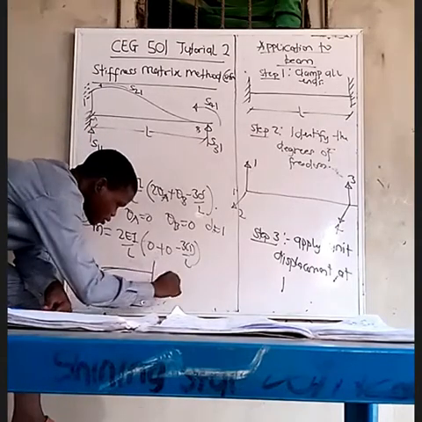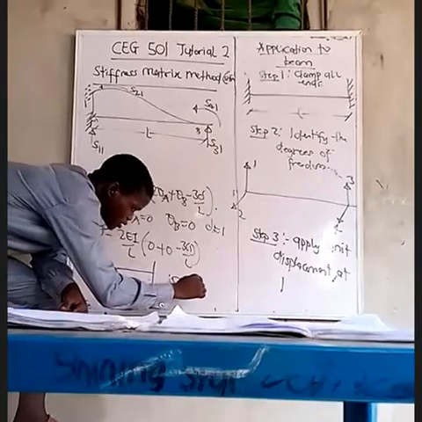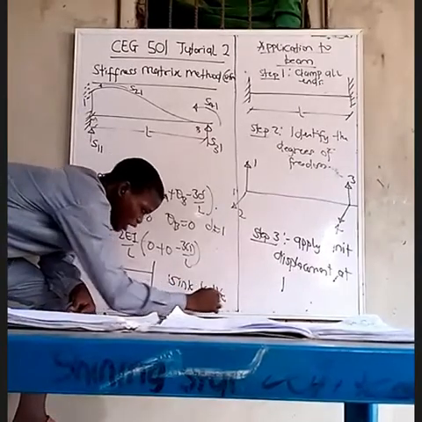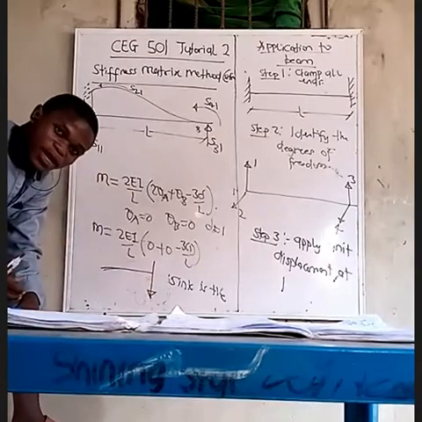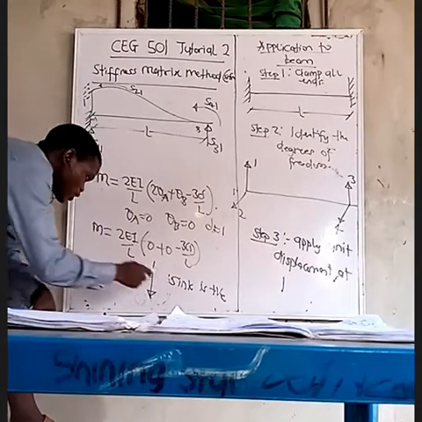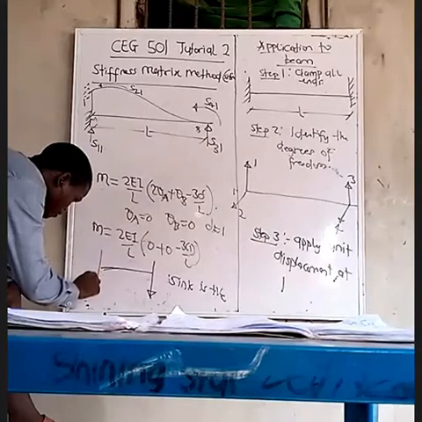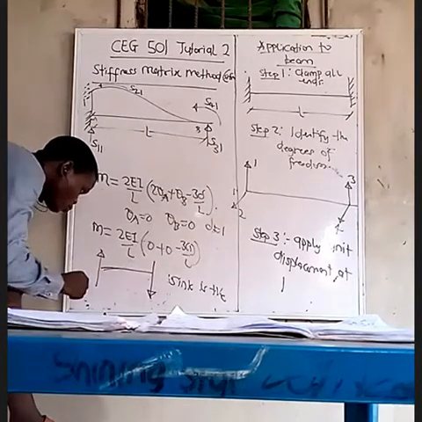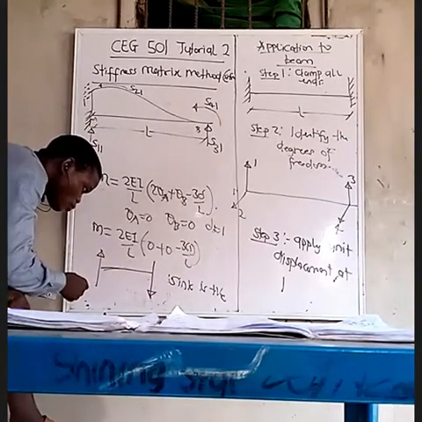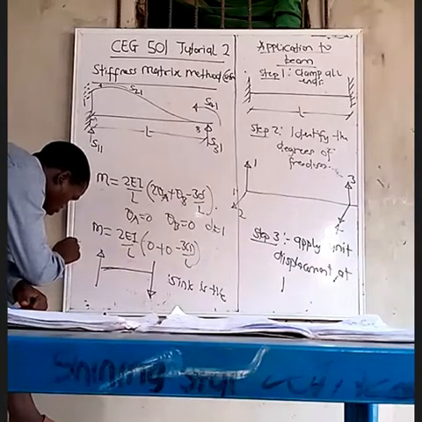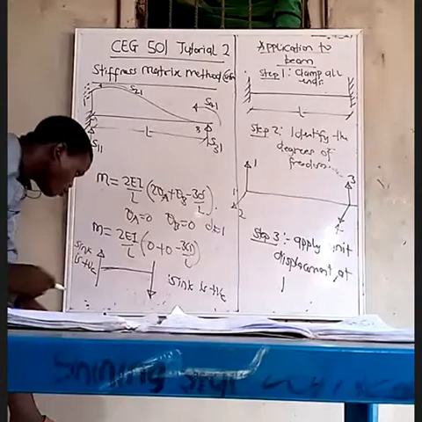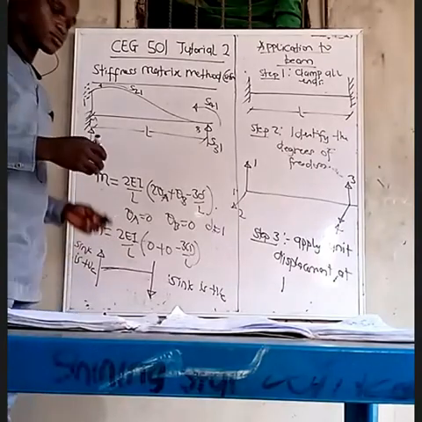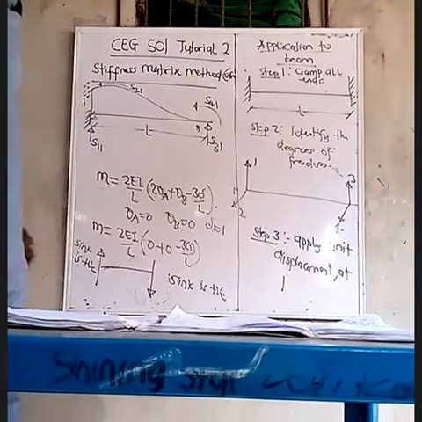If the right support goes down with respect to the left support, my sink is positive. I believe we all have the convention, so it's not necessary. I don't want to bother you with this, but this is what I use to identify mine.